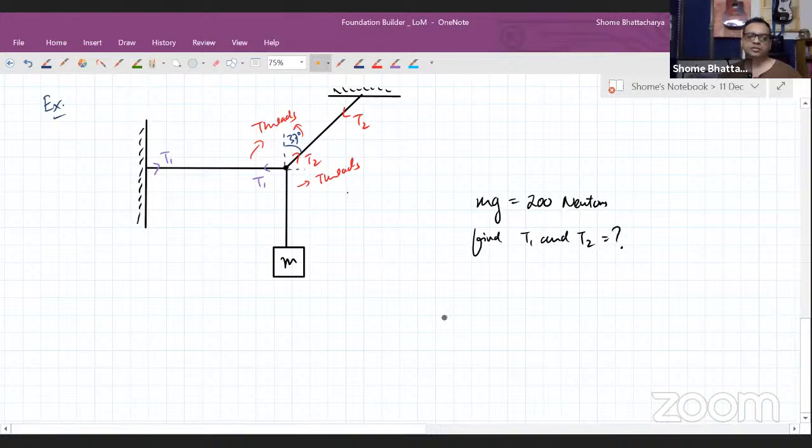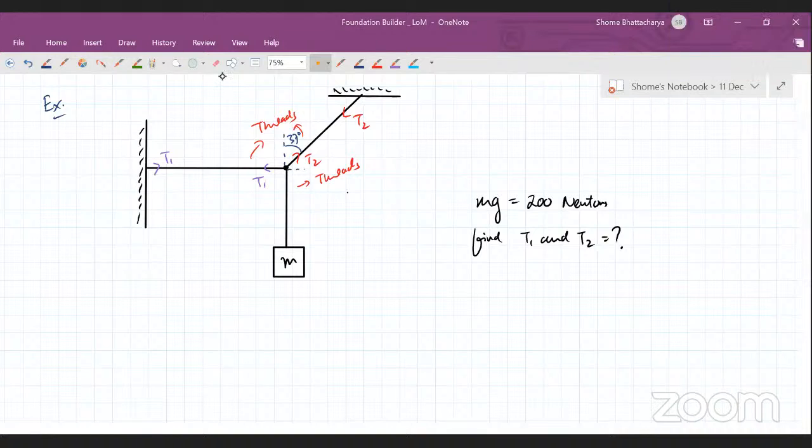Please calculate this correctly, okay? Very easy question again. Same type of method you have to apply. Balancing of forces.